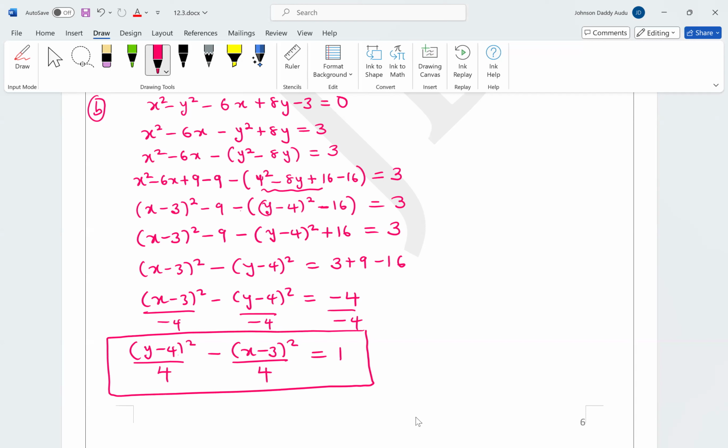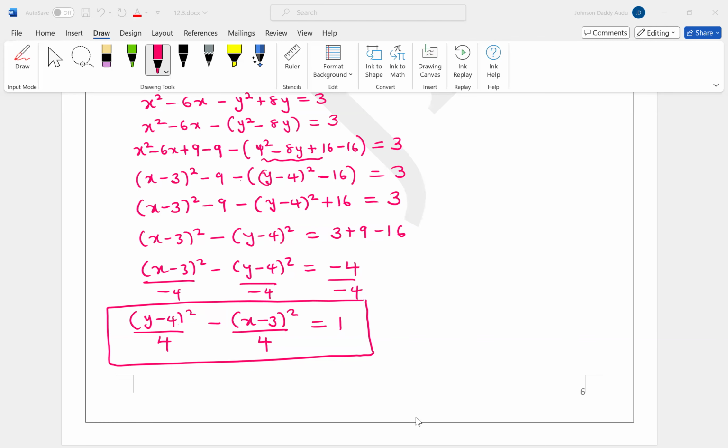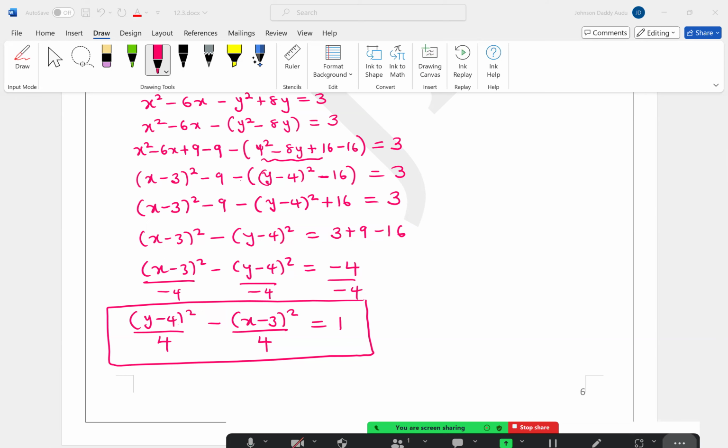Okay. All right. So if you look at this now, we can write this as what? It means that this is simply going to be a vertical hyperbola.